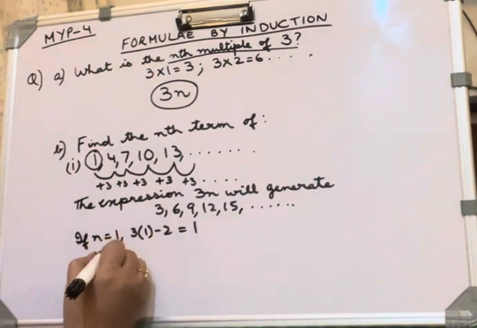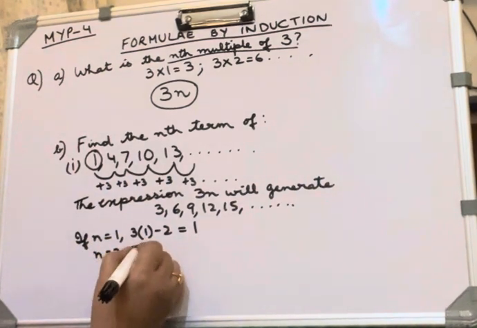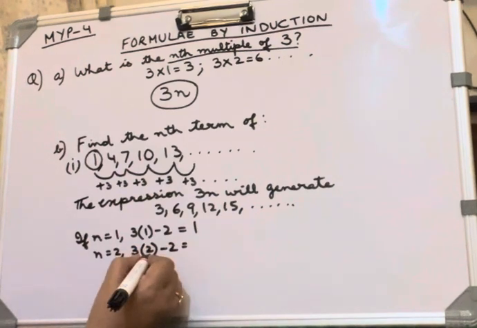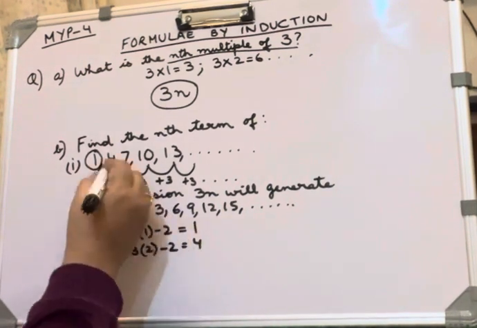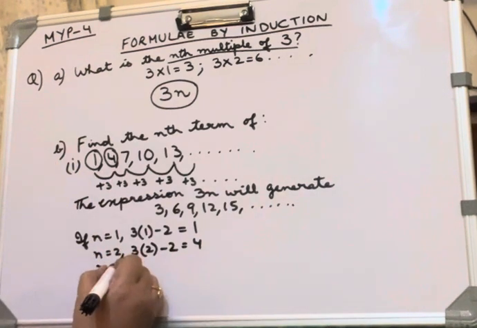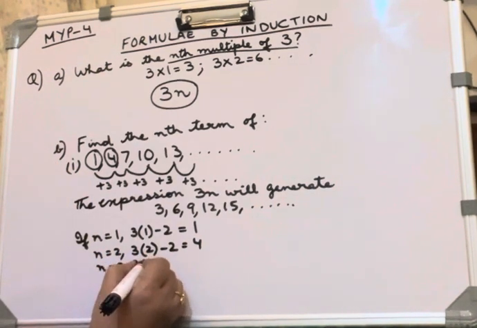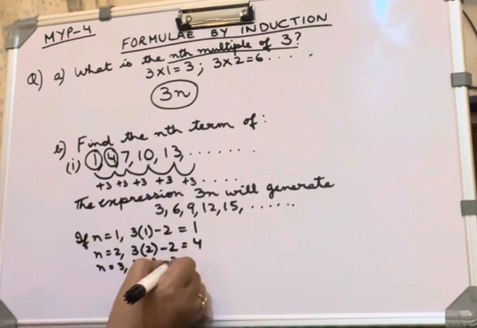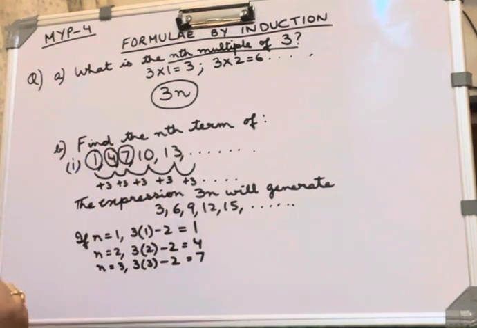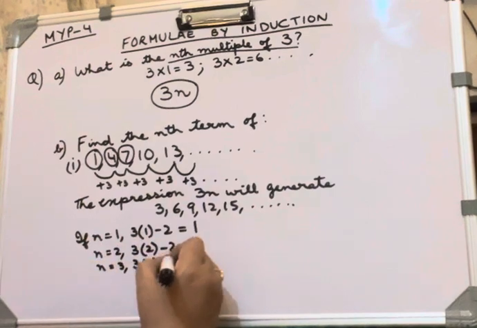So we have the number 1 here. If n is equal to 2, then 3 into 2 minus 2, which is 6 minus 2, is equal to 4. So we have the second term here. If n is equal to 3, then 3 into 3 minus 2 is equal to 7. So we have the number here. And so on.